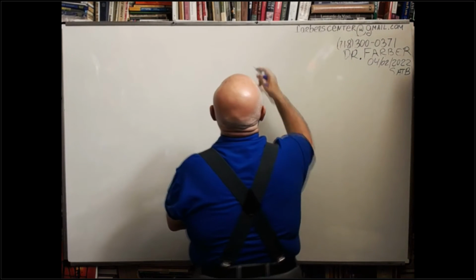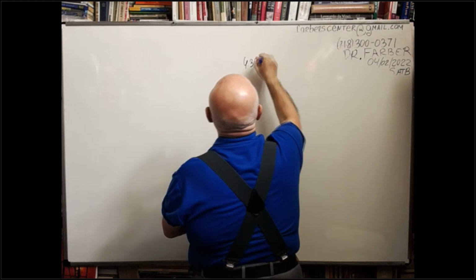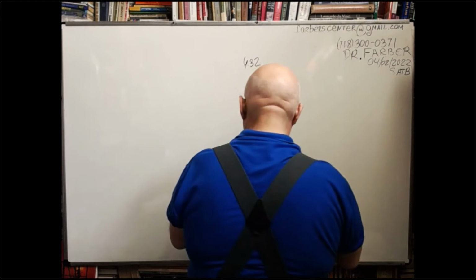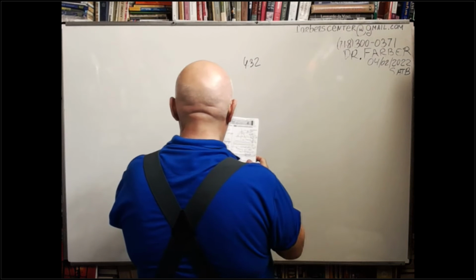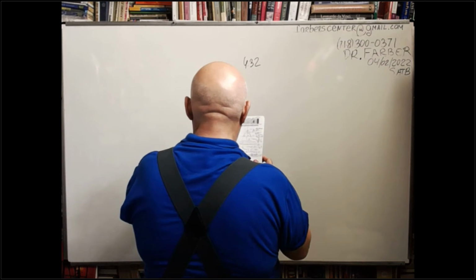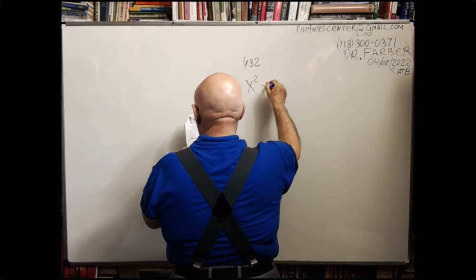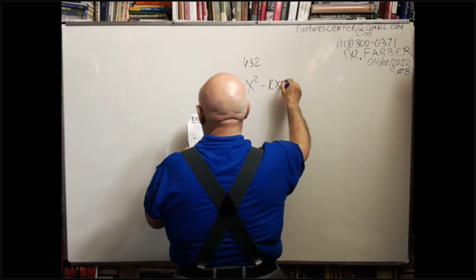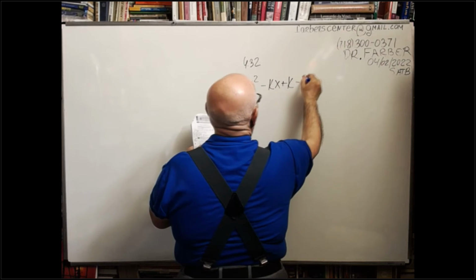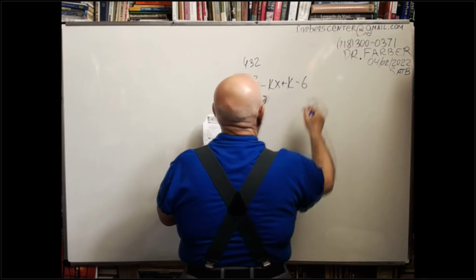432. What do we have in 432? The equation above: x squared minus kx plus k minus 6 equals 0.